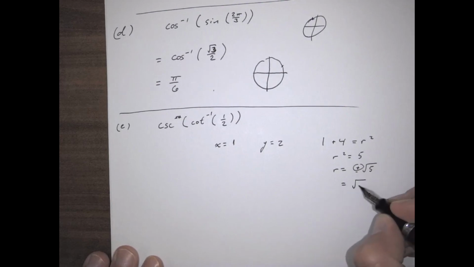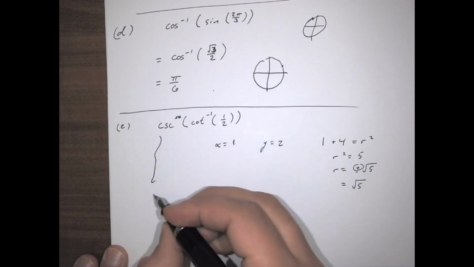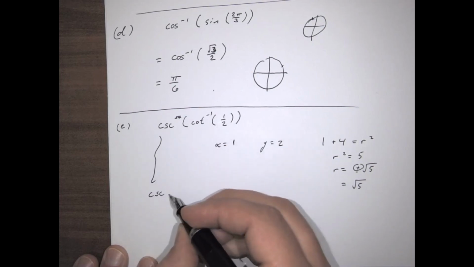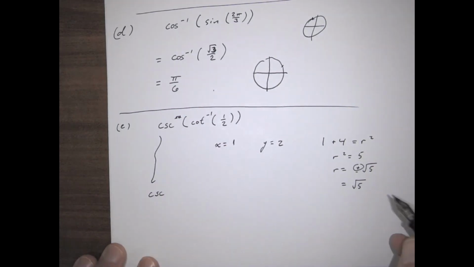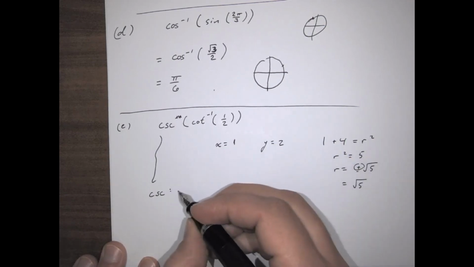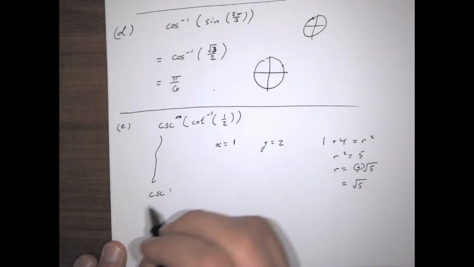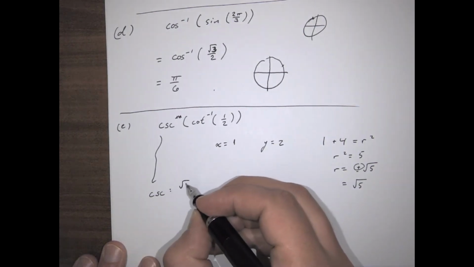So, root 5, okay, and then cosecant. Cosecant is equal to the reciprocal of sine, which would ordinarily be 2 over root 5, or in this case, root 5 over 2.